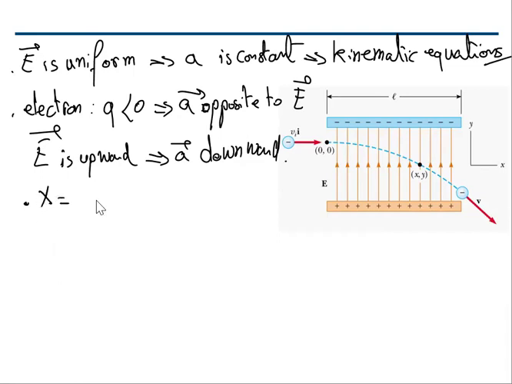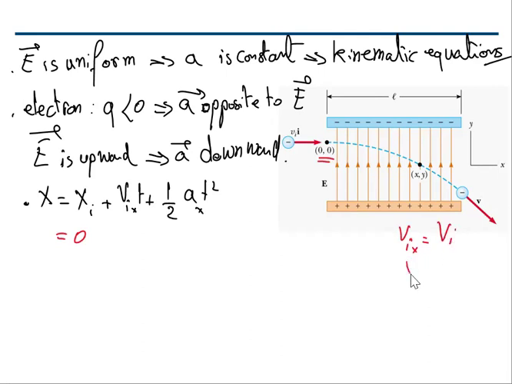Let's start with x. x equals x initial plus v initial x t plus half of a x t squared. Good. Let's substitute the numbers. x initial, we start from 0, so it's 0. The initial velocity, v initial x, equals vi. v initial y equals 0 because the electron is projected horizontally.